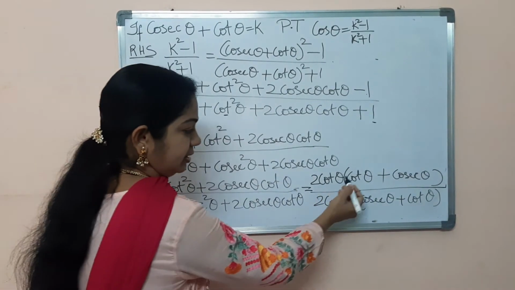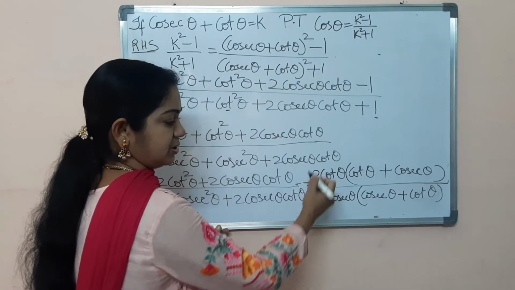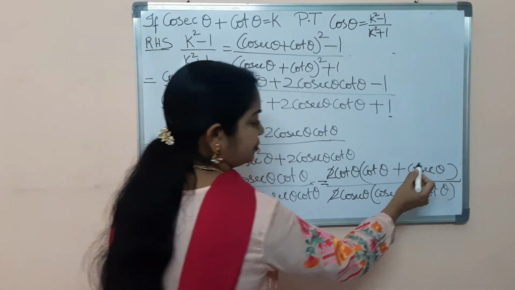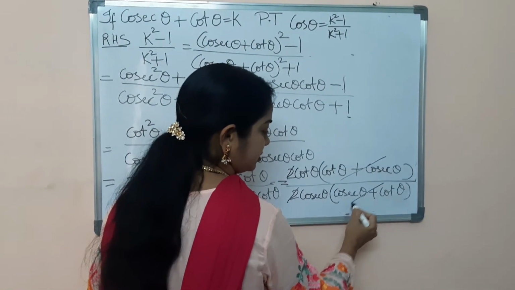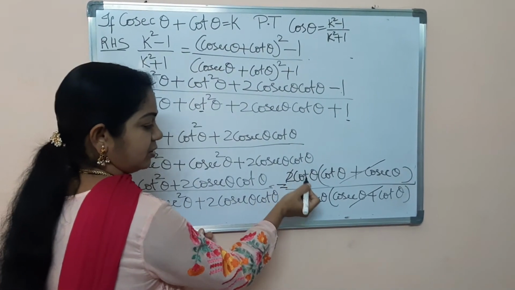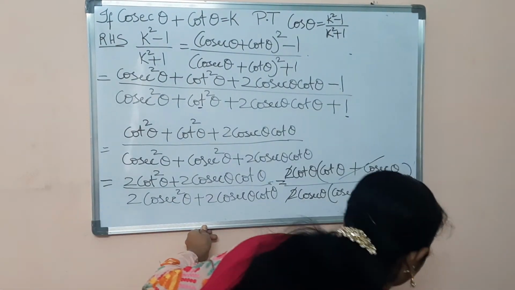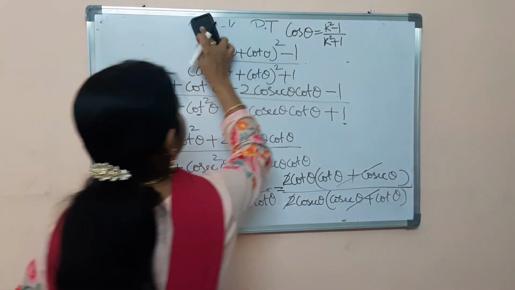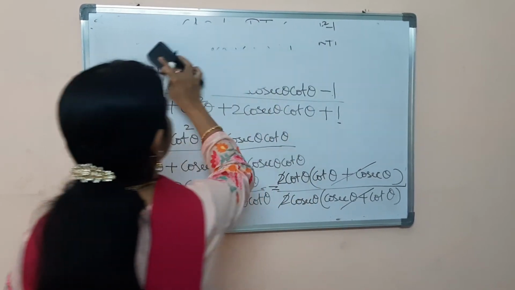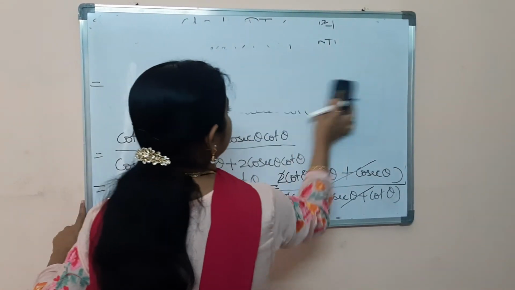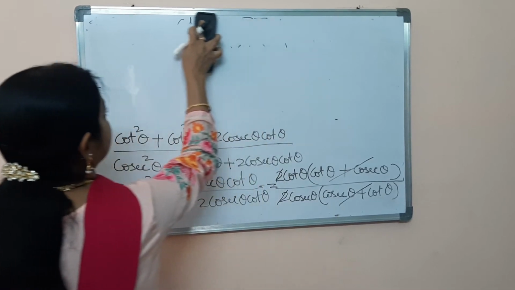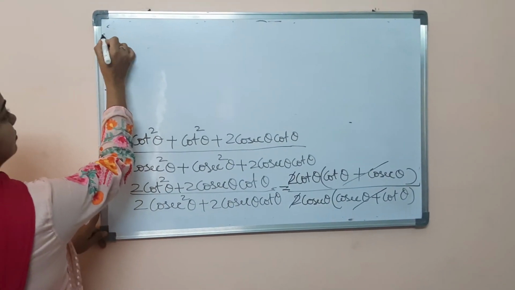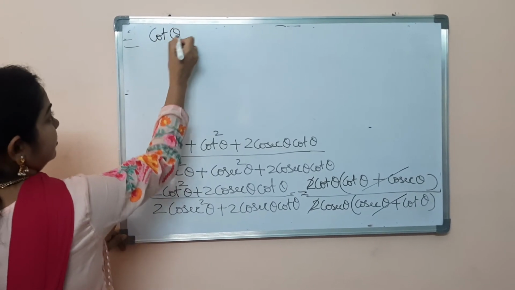Here we can clearly see the brackets, that means multiplication. So we can cancel the 2, and this part, cosecant theta plus cot theta, we can cancel. The leftover is cot theta by cosecant theta.